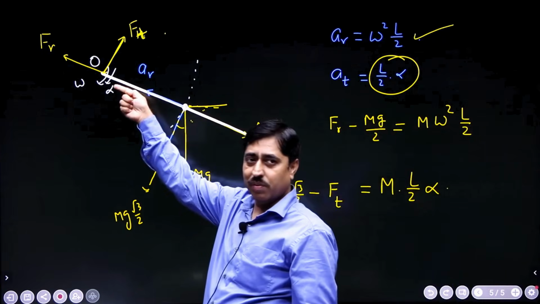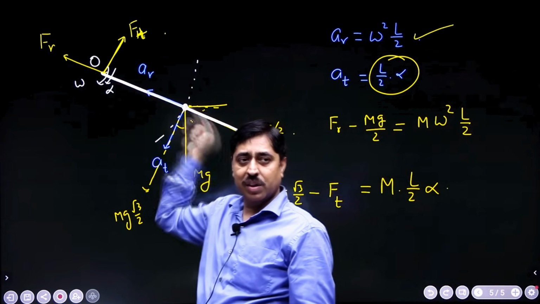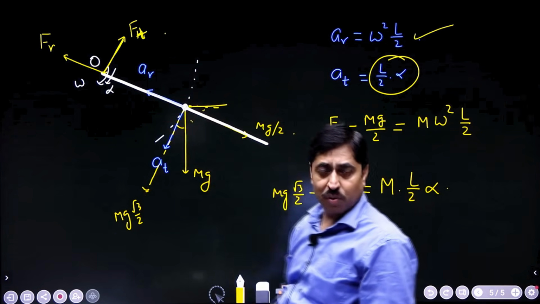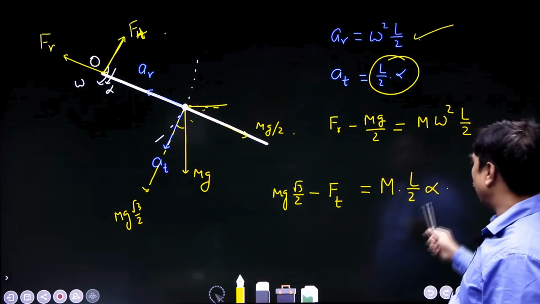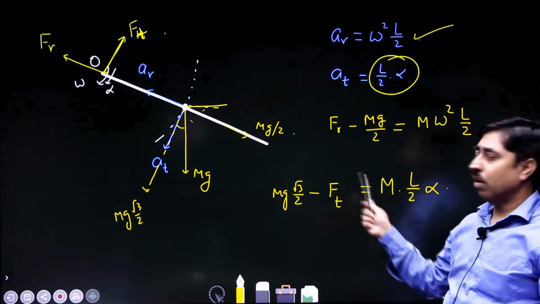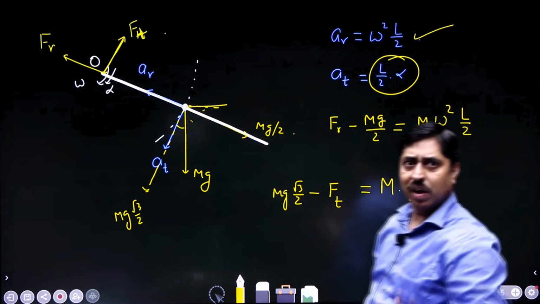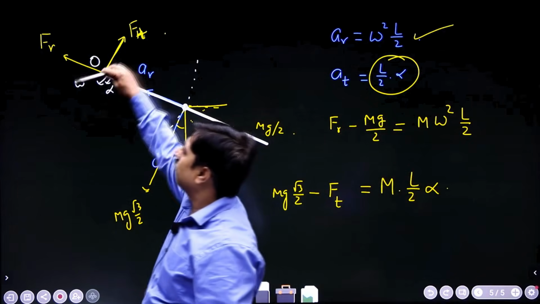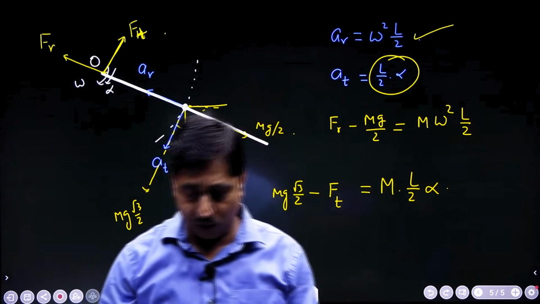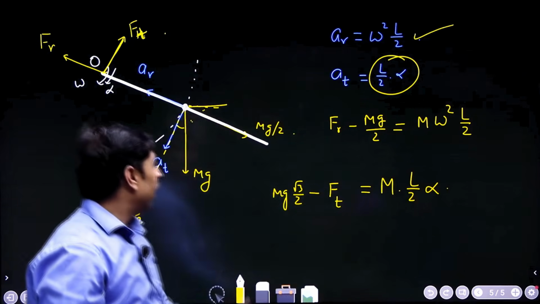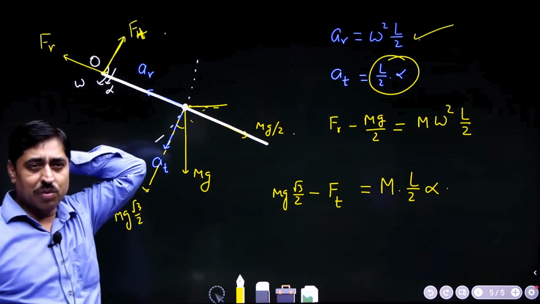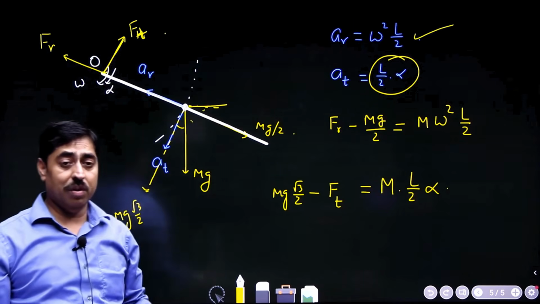For radial acceleration of center of mass, mass times radial acceleration is net force in this direction, mass times tangential acceleration is net force in this direction. So, I know the value of alpha, I can calculate Ft. Please calculate it properly and check, if Ft comes out negative, suppose it comes negative, then it simply means that this force will be in this direction, it has no other meaning. You can work it out on your own. So, now you get two components of hinge force Fr and Ft, and the resultant hinge force will be under root Fr square plus Ft square.